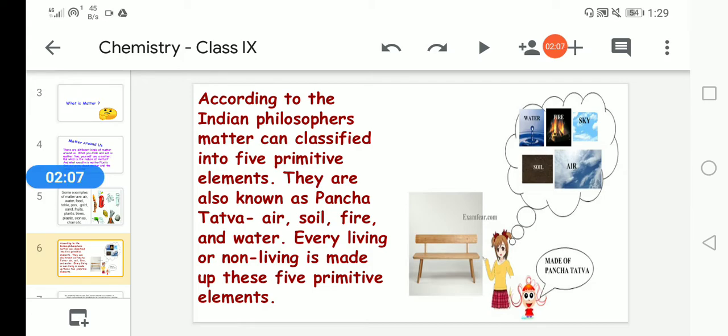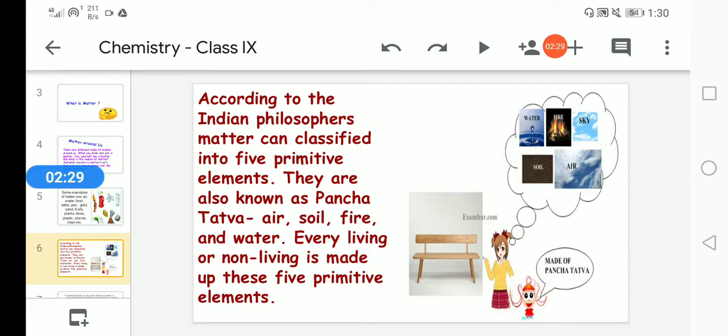They called it Panchatattva, which was considered to be the basic particle of every matter.